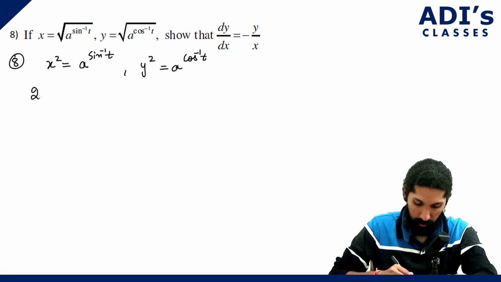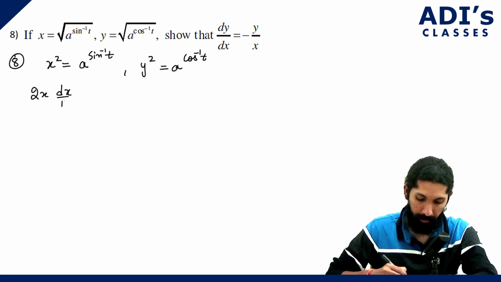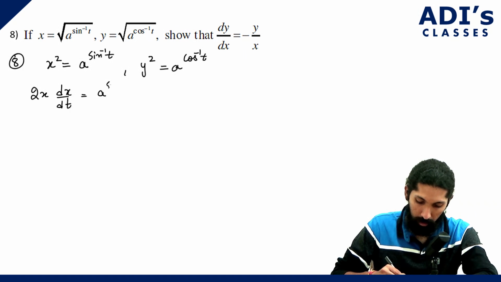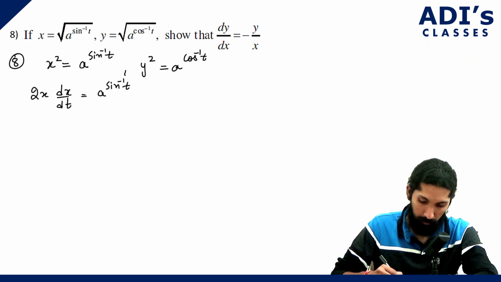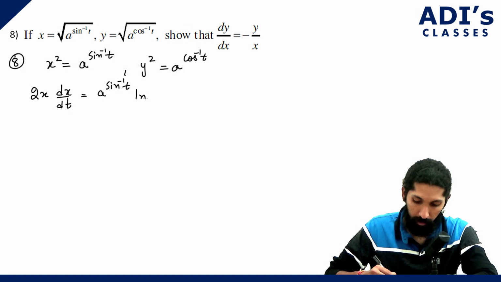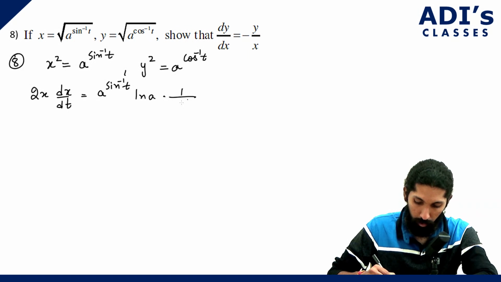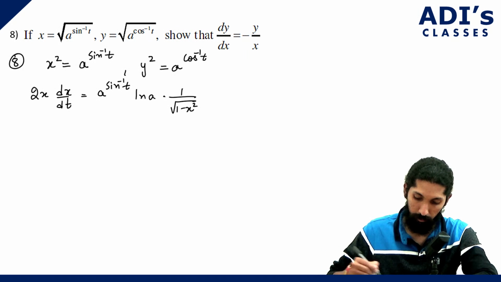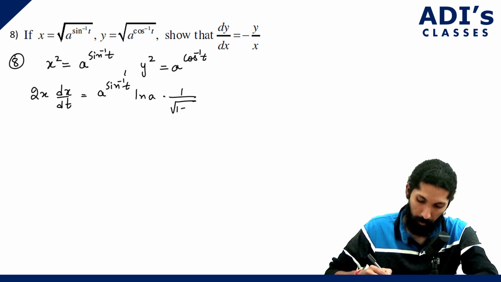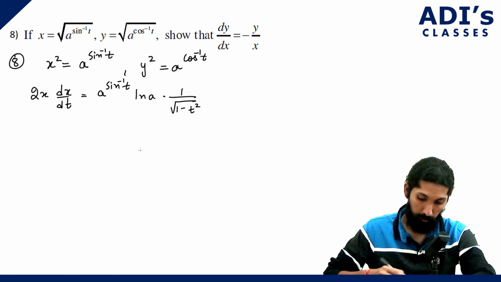2x into dx by dt is equal to a power sine inverse of t into log of a into 1 by root 1 minus x square. Sorry, in this case, it would be t square, right? This is the first part.